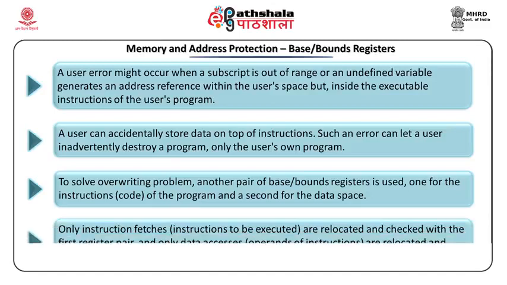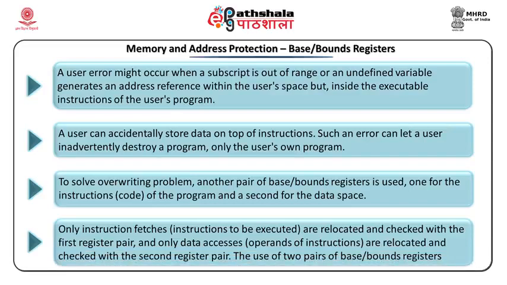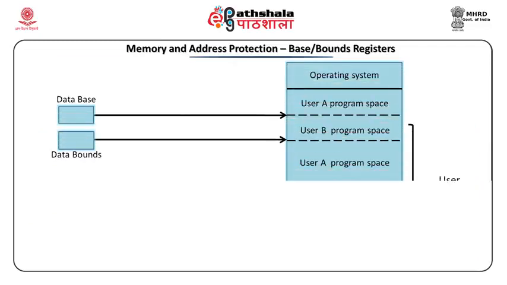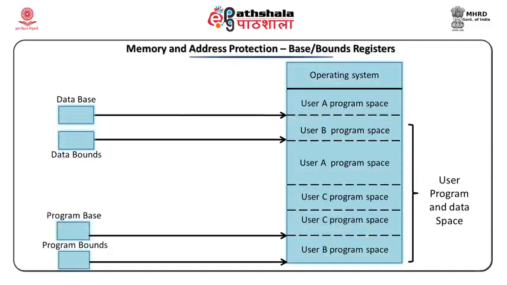Only instruction fetches, that is instructions to be executed, are relocated and checked with the first register pair, and data accesses use the second pair of base and bound registers. Check the figure: user A has a program space, user B has a data space, and so on.